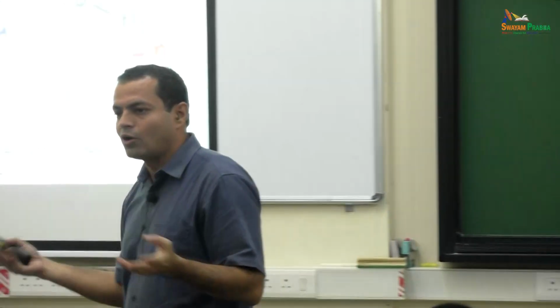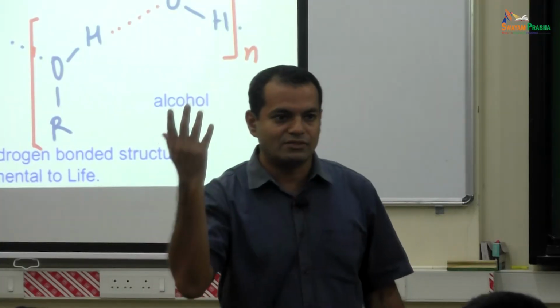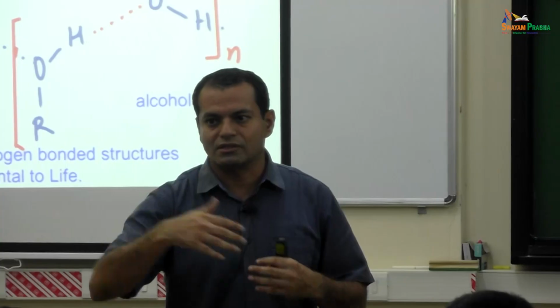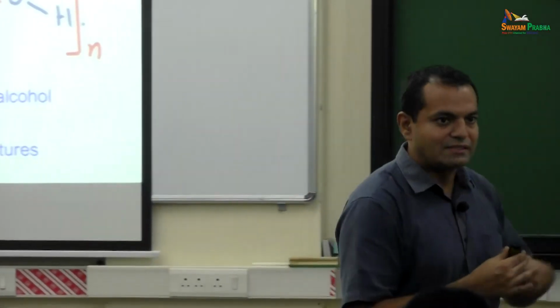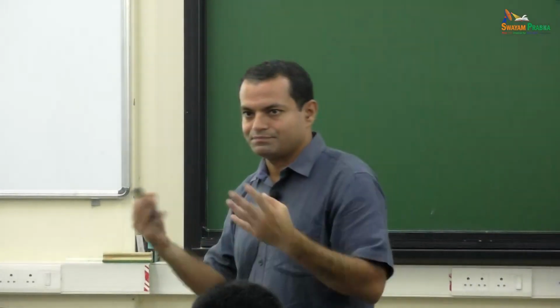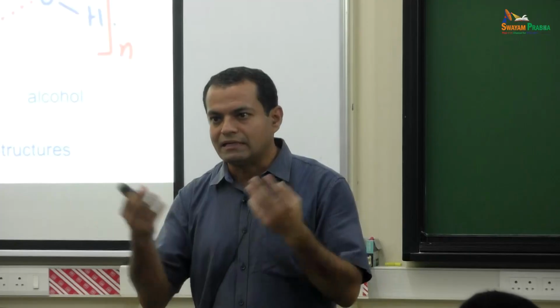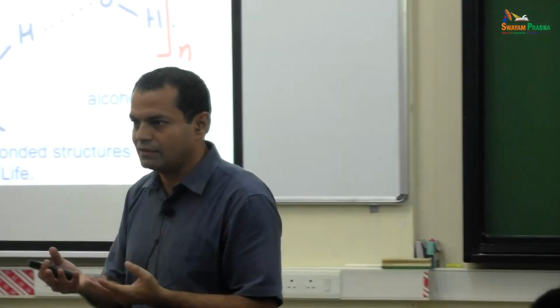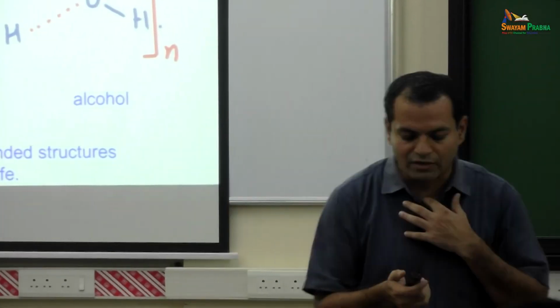But life is made up of only two things, carbon and water mainly. Carbon, because of its different hybridization, can form linear structures, sheet-like structures, 3D structures, everything can be made. Similarly, water can also make 3D structures, and life fundamentally is a 3D object, and that's the reason why water and carbon are fundamental to life.